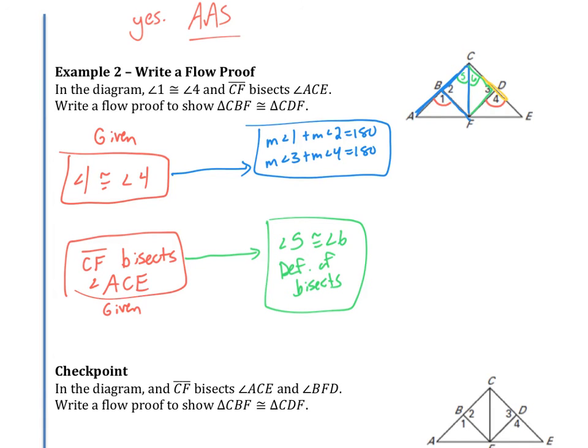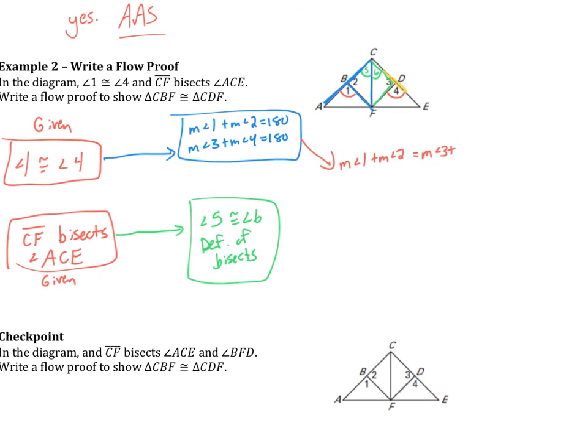So they're supplementary to each other. So based on this, since 1 plus 2 is 180, and 3 plus 4 is 180, we can say that measure of angle 1 plus measure of angle 2 equals measure of angle 3 plus measure of angle 4. And it's because they both equal 180.